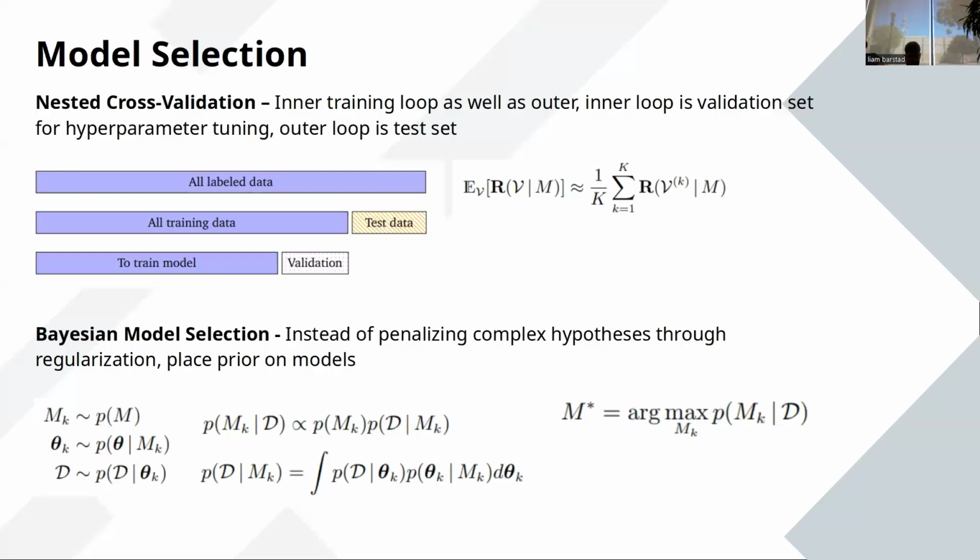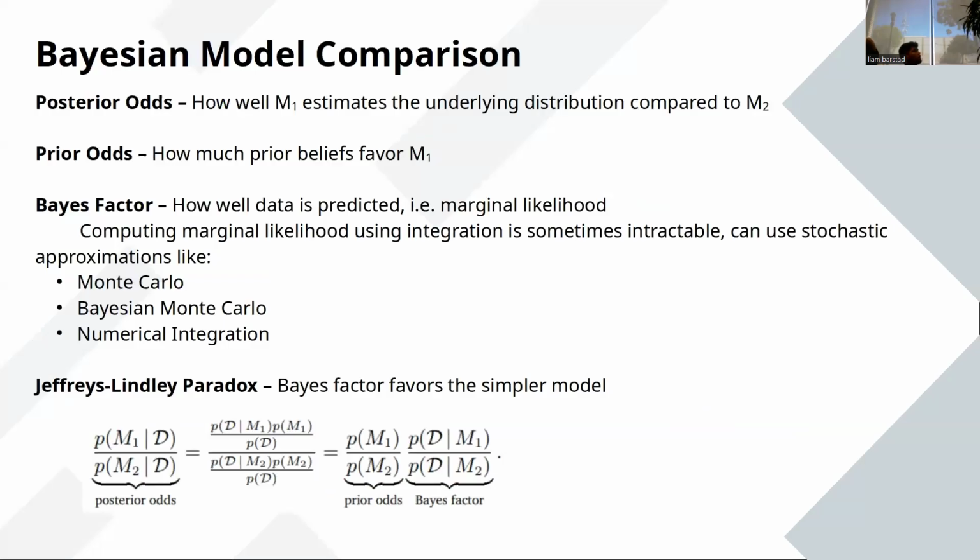Okay, and just a little bit more to that point, you can do Bayesian model comparison, posterior odds, prior odds, and Bayes factor. I assume you can use these metrics to compare different models to each other.